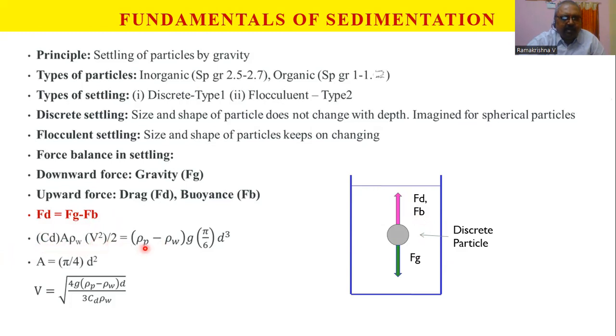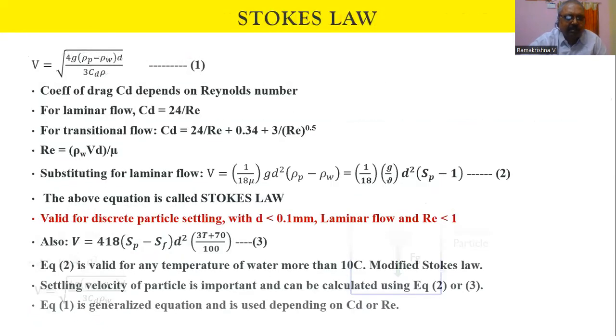The weight is volume into density multiplied by acceleration due to gravity, and buoyancy is the volume of the particle, which is the displaced volume of water, times the density of water. Writing A as pi by 4 d squared, the settling velocity is the square root of 4g (rho p minus rho w) d by 3 CD rho w. So this is a generalized settling velocity equation.